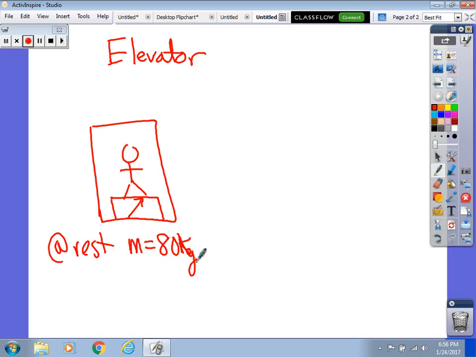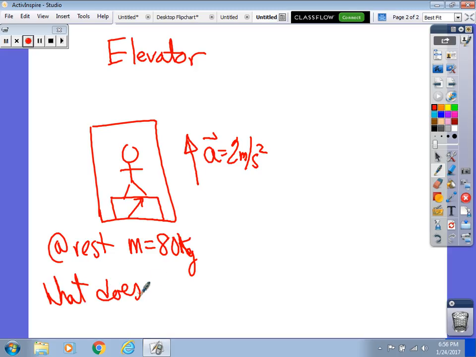And the question becomes, okay, the elevator rises, let's say, with an acceleration of 2 meters per second squared. And they say something like, what does the scale read? Now, you can kind of dope this out if you have some experience.